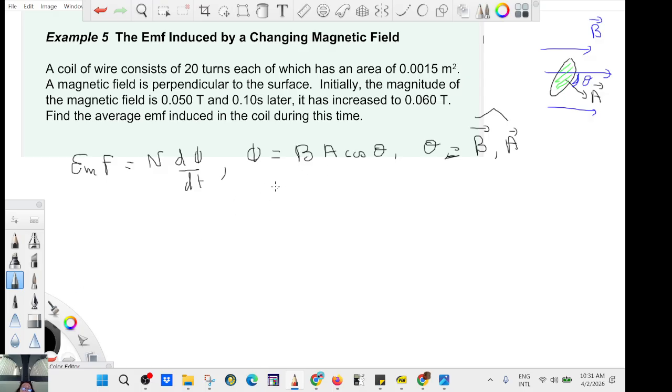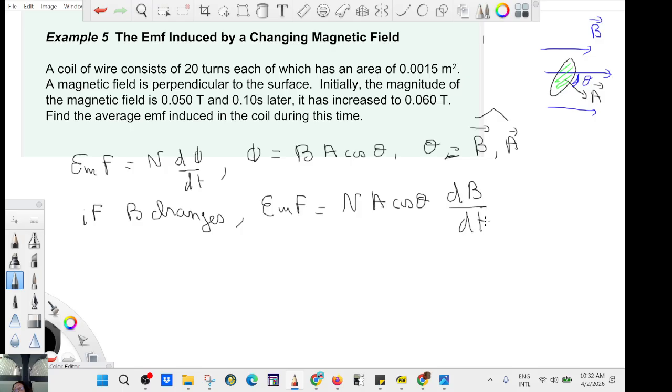I'm taking my time. So if B changes, then EMF will be the number of loops. I can factor out A, which doesn't change, and cosine theta, and what's left here is dB over dt. Do you agree?